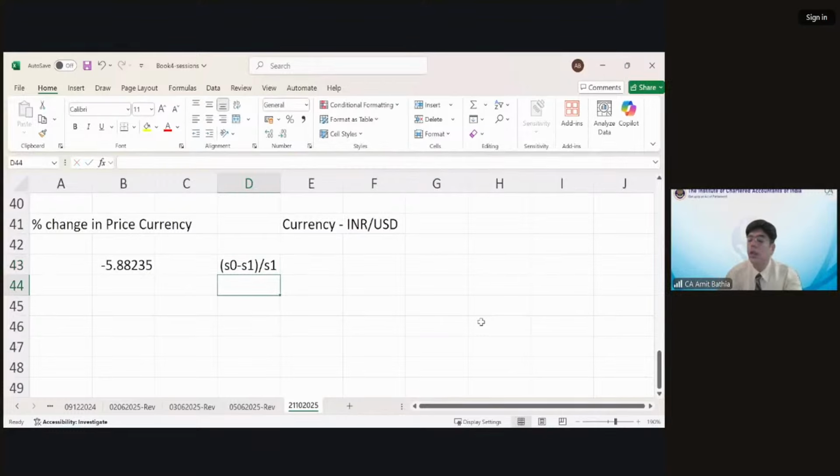This is nothing but the rate at the beginning minus the rate at the end upon the rate at the end. This is the percentage change in the pricing currency. Remember, this is the percentage change in the pricing currency.